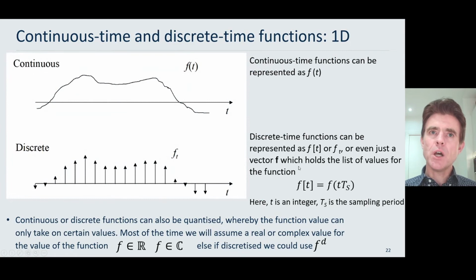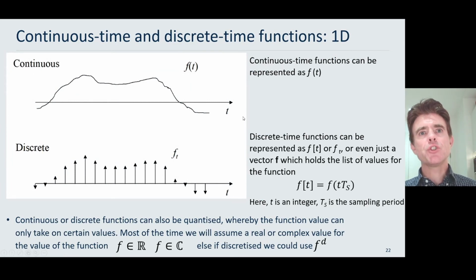So as mentioned, to now be explicit about the discrete case, I'm showing here a continuous function f of t as this kind of continuous line here with the independent variable t. And then I'm showing a discrete function, f of t.